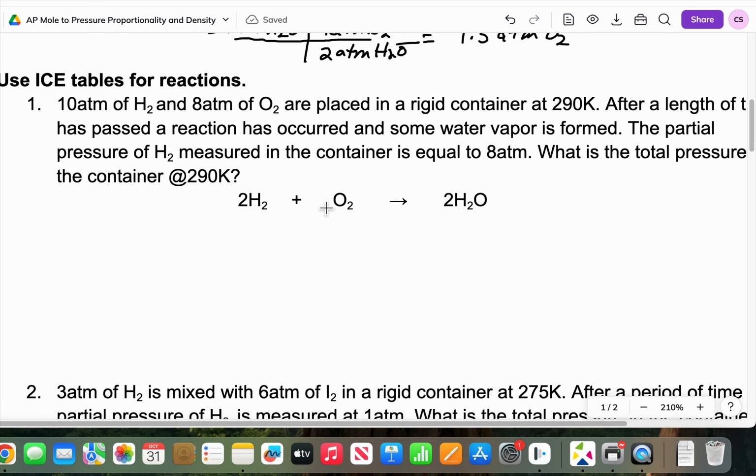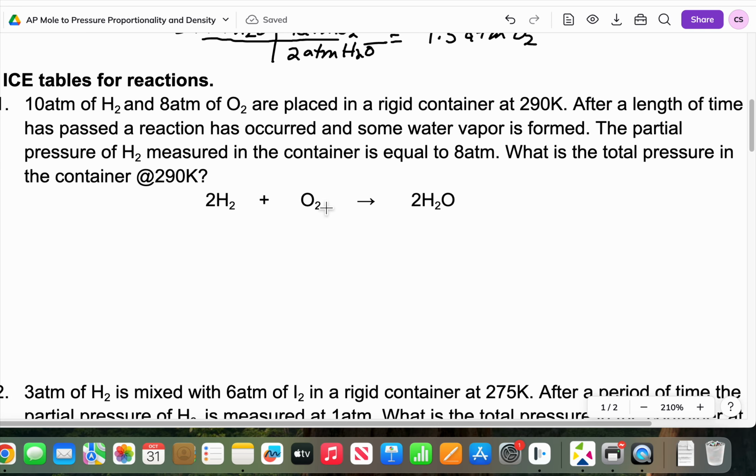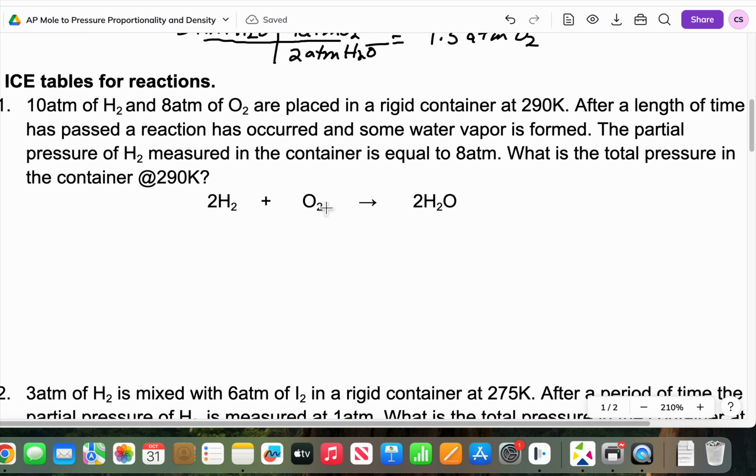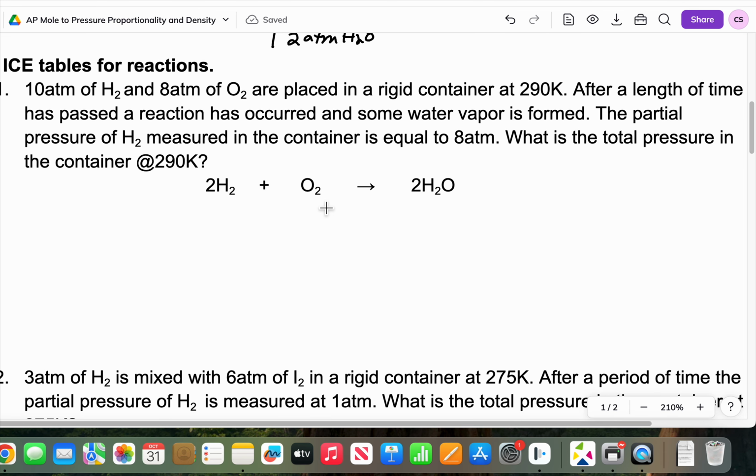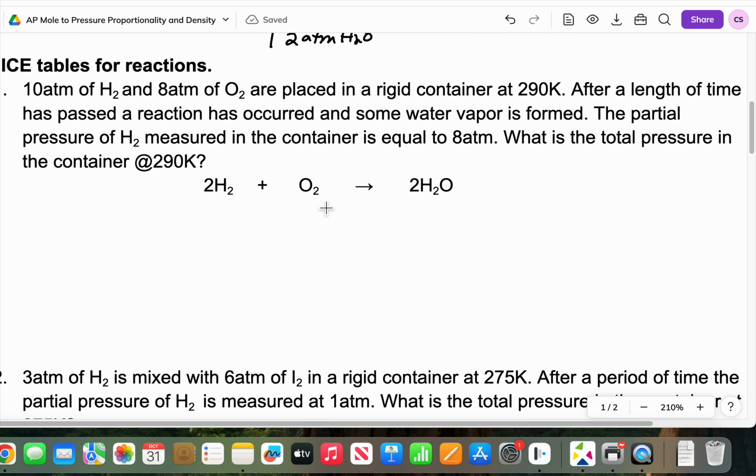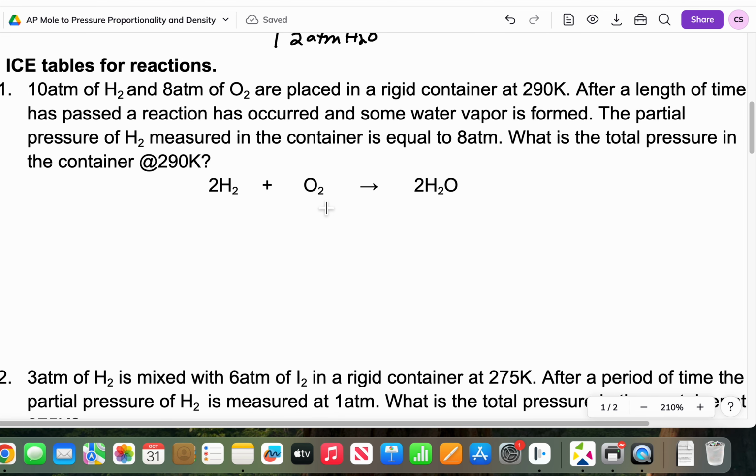All right, now this is an important thing here. In the equilibrium unit we'll learn how to make ICE tables, but this is not technically an ICE table probably. It's just a way to figure out the total pressure in a container. The catch is, in a balanced equation, you can treat the numbers in front like moles.